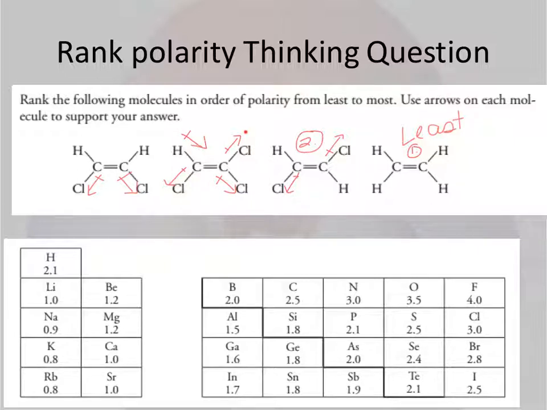Again, these two are going to kind of cancel, and then this one right here is going to be the one that gives the overall polarity of that molecule. So this would be the third least polar. And in this one, you see that the dipoles are going in the same direction. So basically, it's giving this whole molecule a pretty large dipole. So this would be the most polar one.